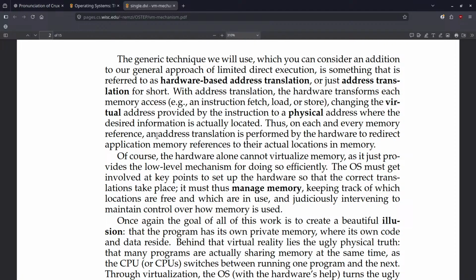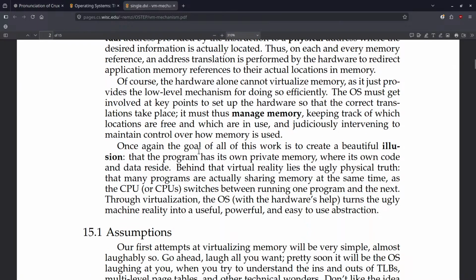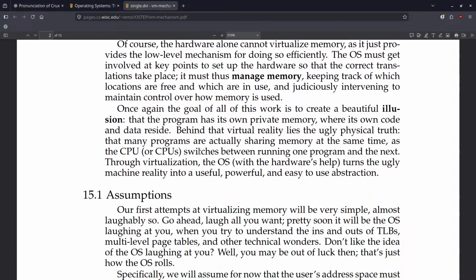With address translation, the hardware transforms each memory access, be it an instruction fetch, load, or store, changing the virtual address provided by the instruction to a physical address where the desired information is actually located. Thus, on each and every memory reference, an address translation is performed by the hardware to direct application memory references to their actual location in memory.